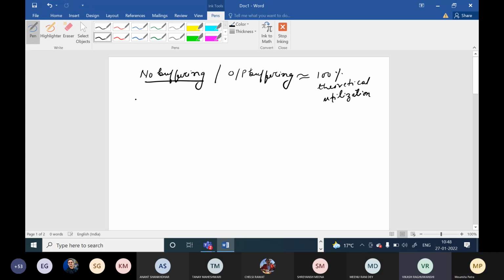We've also seen that theoretically input buffering, or input port queuing, gives you approximately 58% utilization, and no buffering gives you 63% utilization. We have seen with analysis how it gives 63%. We should also see with analysis how the other gives 58%, isn't it?